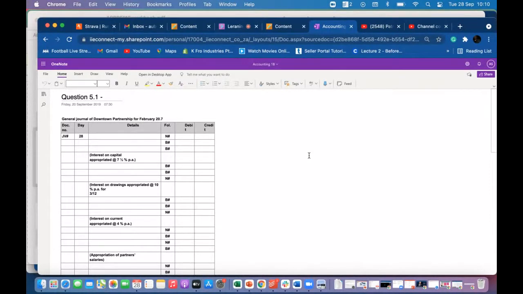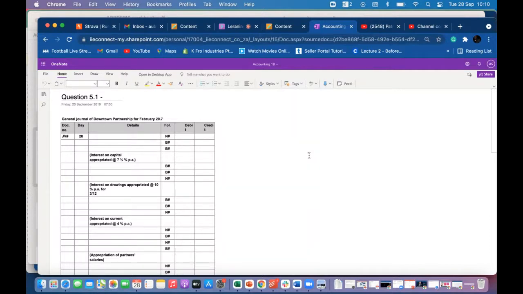And then the last bit says draft the statement of financial position of Downtown Partnership as at 28 February 2007, as well as the statement of changes in equity for the year ended 28 February 2007. Only the note for long-term borrowings is required. So let's get into it.